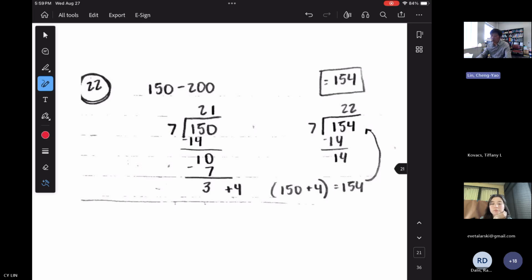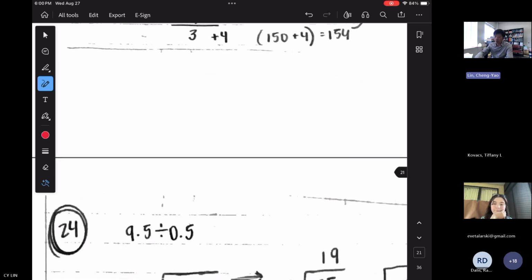Many people just pick a random number and divide it by 7, trial and error. Do we have a way to do this? Yes, we do. Because this number is small, it's easy to pick any number. But if the number is bigger or not easy, you cannot just pick a random number.